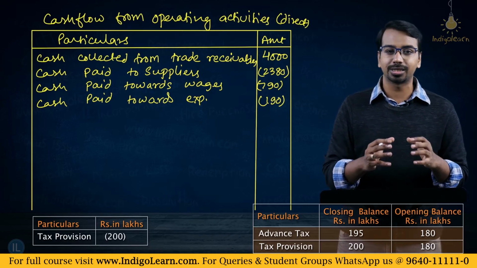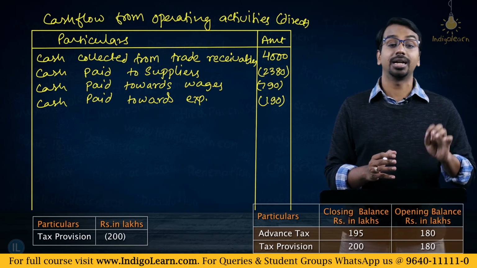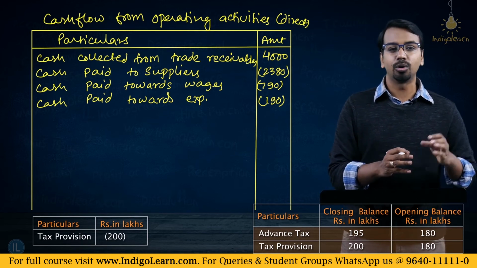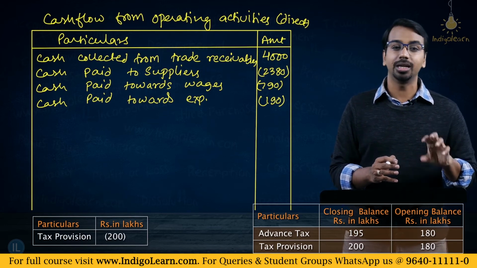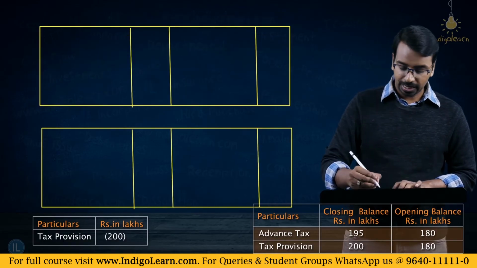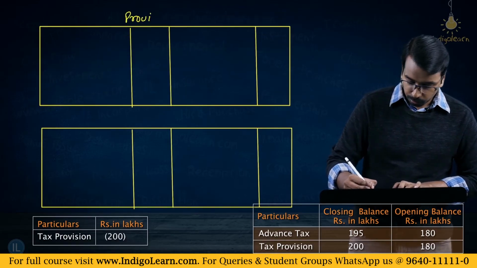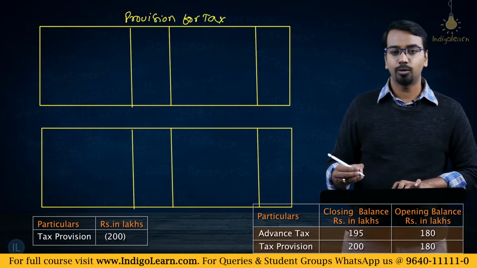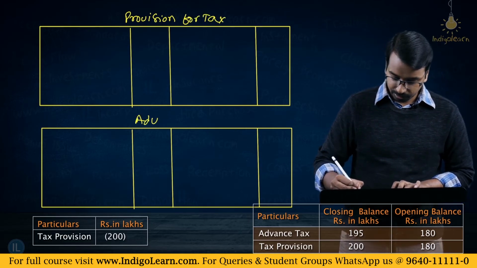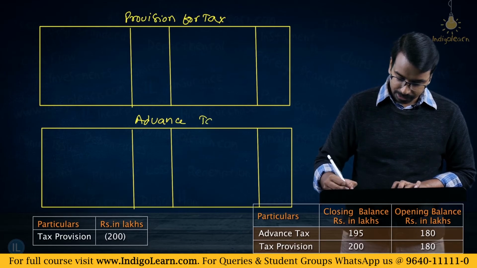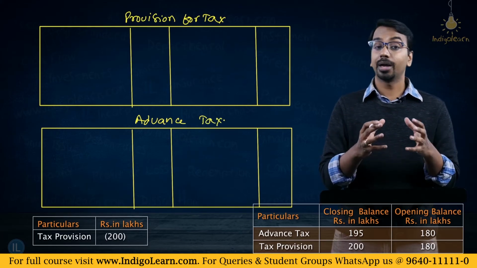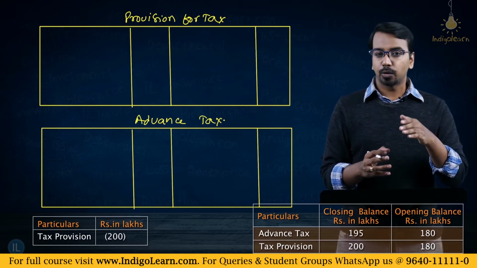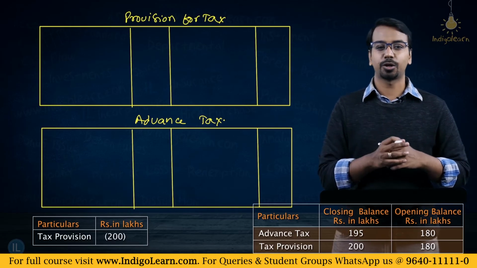We will prepare ledger accounts for tax provision and tax paid and figure out how much tax has actually been paid. So, we will have a provision for tax account and an advance tax account. Now, you may have a doubt: why do we need to prepare provision for tax account and advance tax account as well?